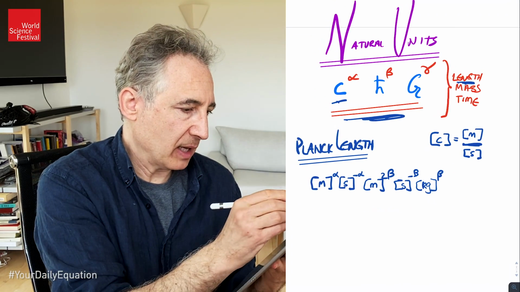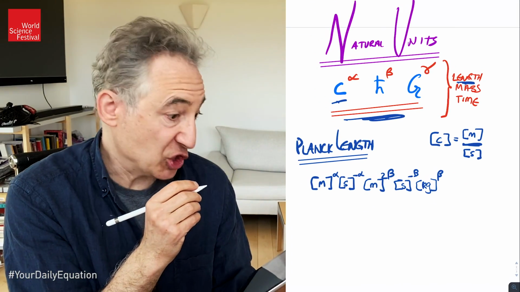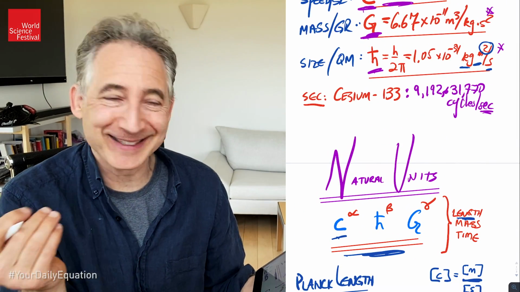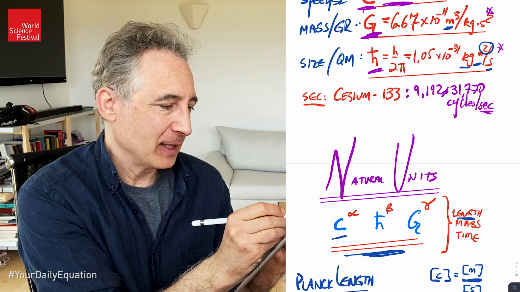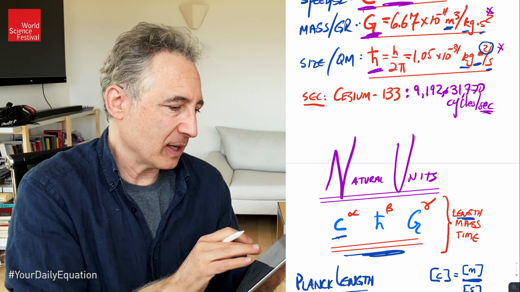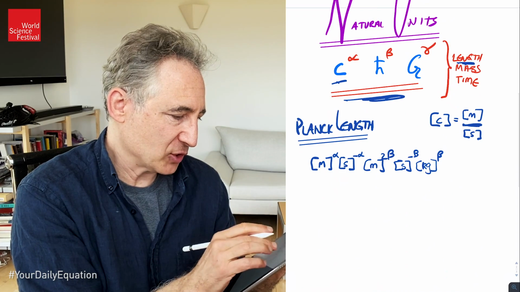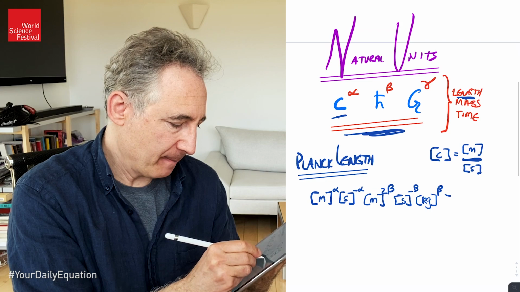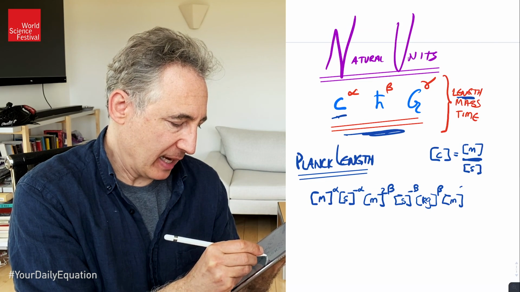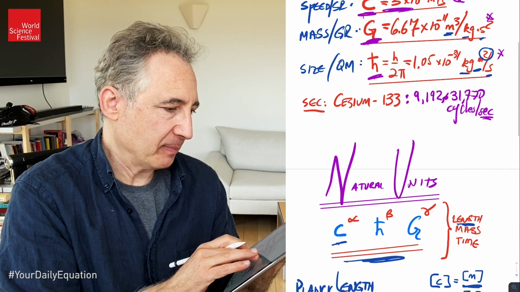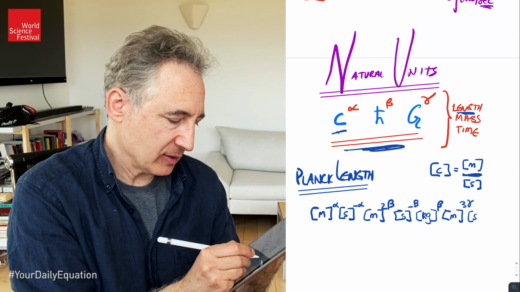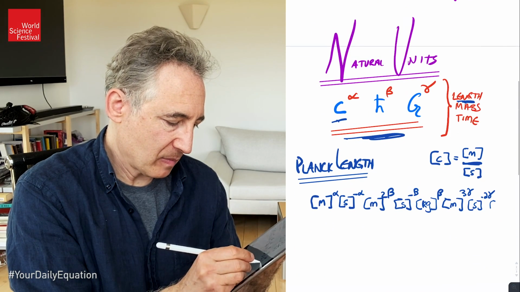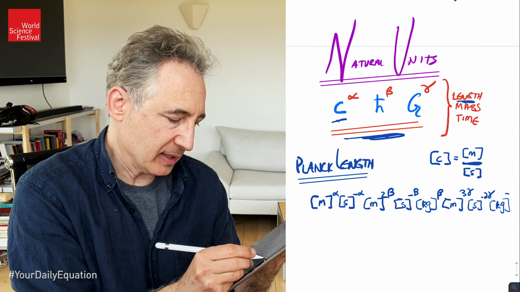Good. Okay, let me now finish up by putting in my G to the gamma. All right, so G has a length cubed upstairs, and then you've got your mass and your time squared downstairs. So if you raise that to the gamma, I will have my length to the 3 gamma, and then I will have my time, seconds, to the minus 2 gamma, and I will have my kilogram downstairs to the minus gamma.